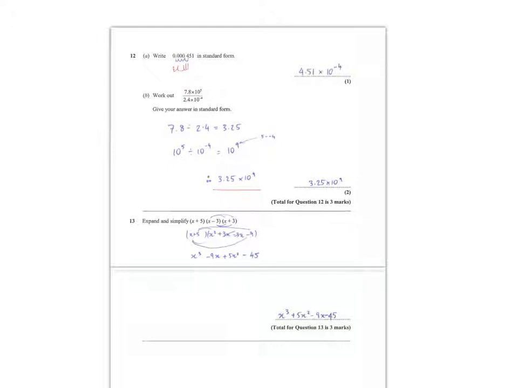When expanding and simplifying these brackets, the obvious thing to note to start with is that if I expand x minus 3, x plus 3, that expansion is going to leave me with just two values.